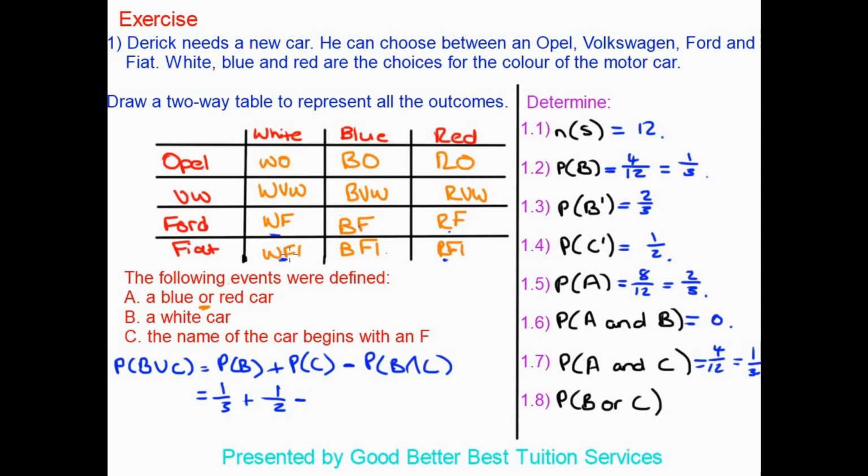So that's 2 of the possible 12, which will give me 1 over 6. Correct? And then you'll just punch that in on your calculator, and that will give me a final answer of the probability of B or C equals 2 over 3.